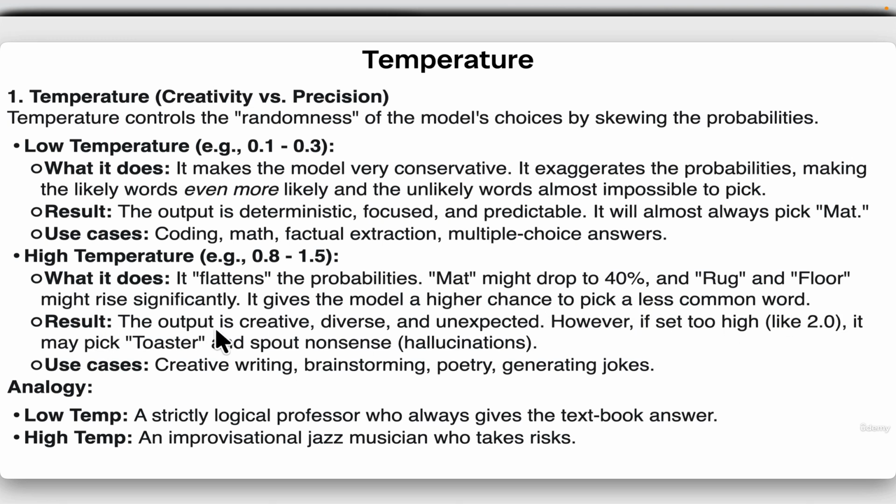The result is the output is creative, diverse, and unexpected. However, if set too high, for example 2.0, it may pick toaster. So "cat is sitting on a toaster", so it's highly creative, and it may spout nonsense or also hallucinations. So this can be used in creative writing, brainstorming, poetry, and generating jokes.